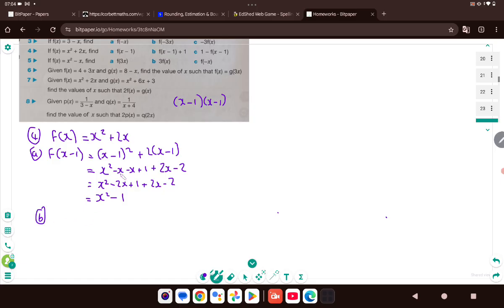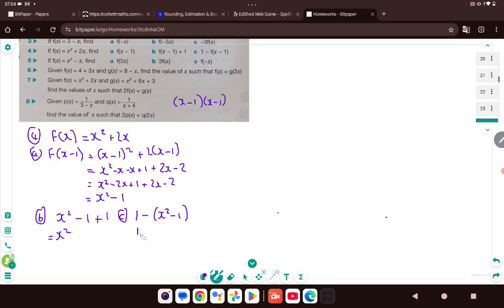I need the f of x minus 1 plus 1. I've already worked out the f of x minus 1, haven't I? In part A, just adding 1 to it. In part C, 1 minus the f of x minus 1, which I've already worked out.